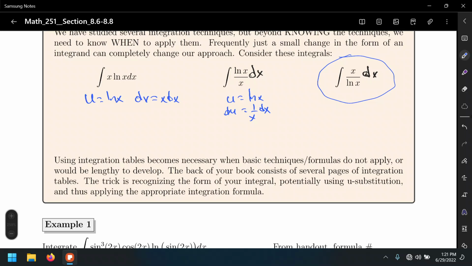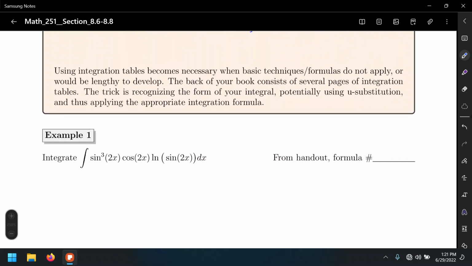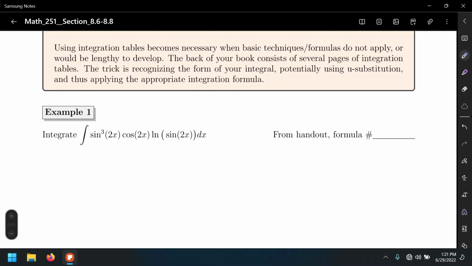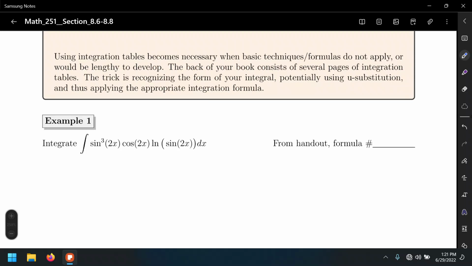So the idea is that for example number one, we are given this crazy looking integral, which of course we could evaluate using the methods that we know, but in this case we're going to use a table of formulas. If you look at the last page on your handout, it's fine if you rip it off so you can have it next to you, so we can identify which formula we are going to use.